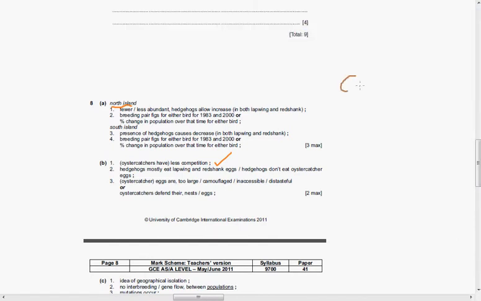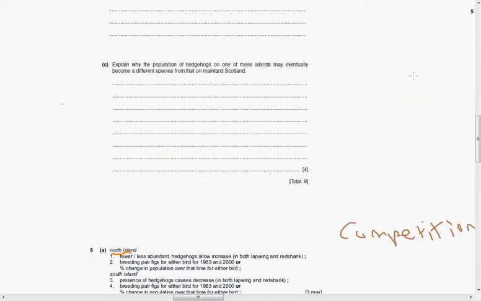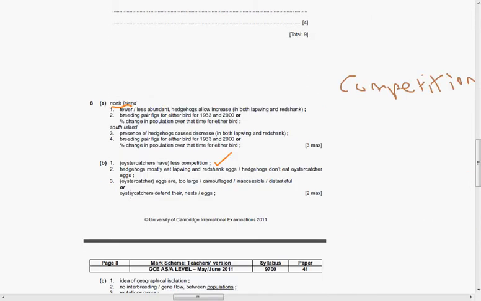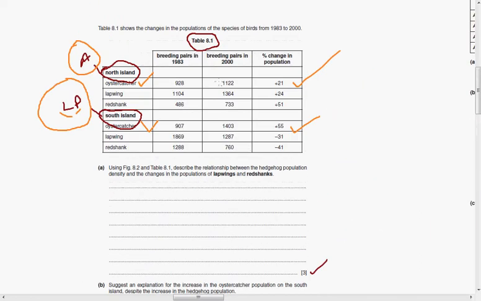Many a time you are supposed to be writing competition and terms like fittest and all that. So there is less competition between these two, oyster catcher and hedgehog, and that's why maybe there is no decrease.